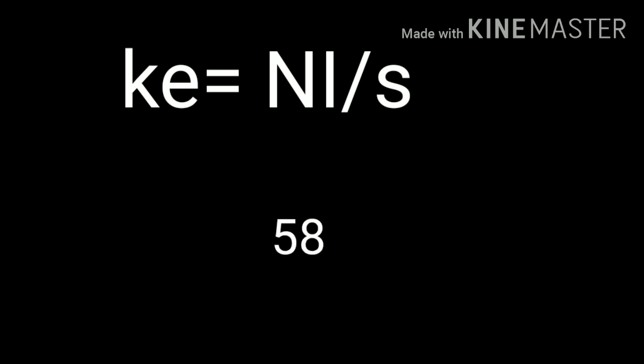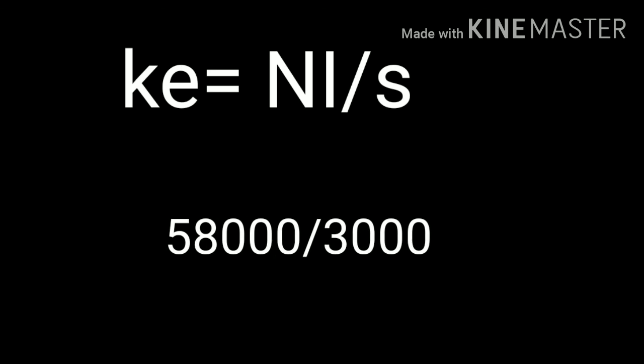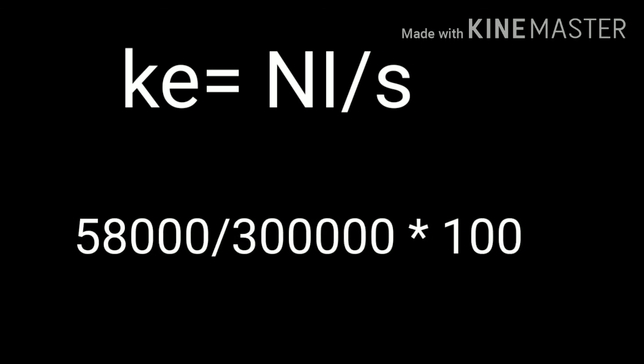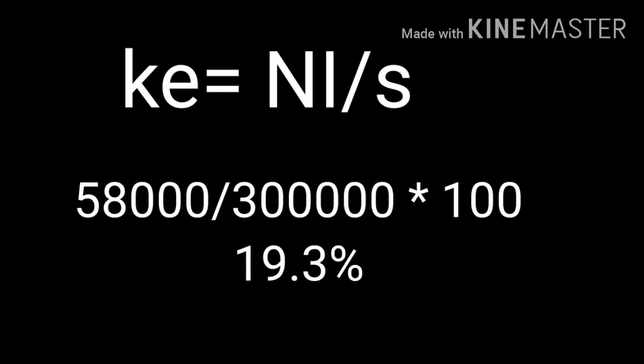Then KE, equity capitalization rate, is NI divided by S. NI is 58,000. 58,000 divided by S, 3 lakh. So 58,000 divided by 3 lakh into 100, and KE is 19.3%. When debt capital was 5 lakh, value of firm is 10 lakh and KE is 14%.